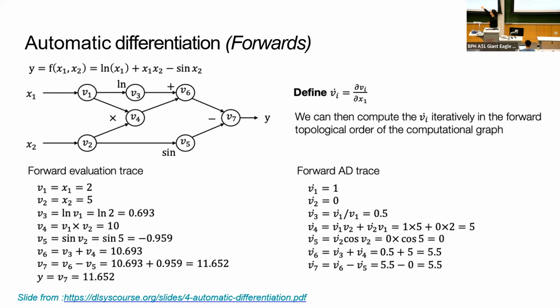Then you can start computing, let's say v3 is the ln of v1. So basically the partial derivative of v3 with respect to v1 is the partial derivative of v1 divided by v1.